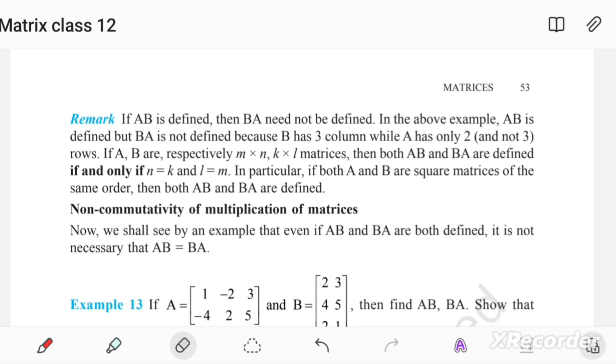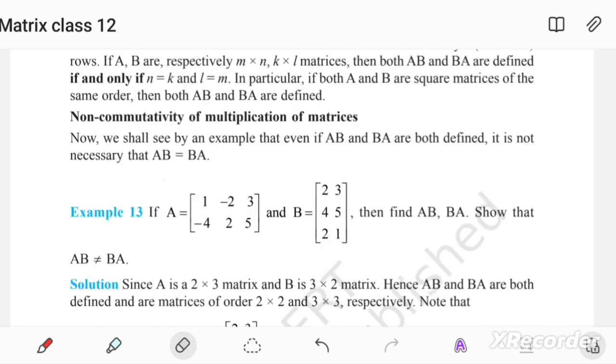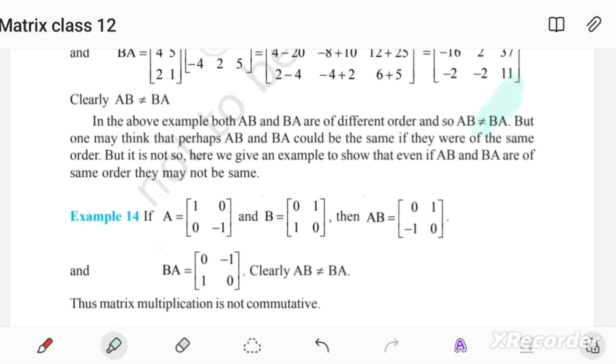Otherwise, if the matrix is not invertible, that is, it is a singular matrix, then the matrix multiplication is non-commutative. Hope this is clear to you.